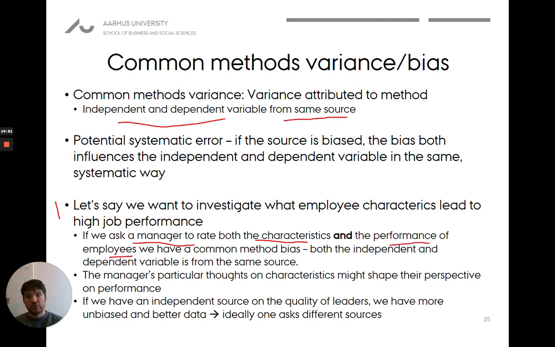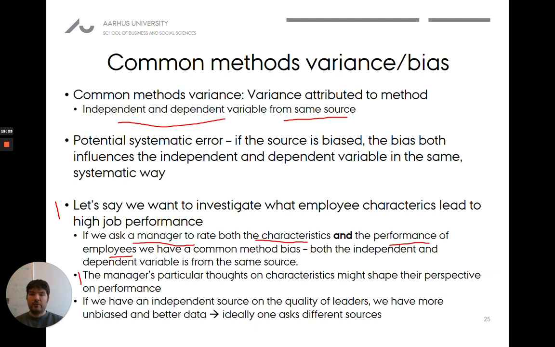But this could create common method bias, because it could be that the manager's particular thoughts on useful characteristics, maybe a manager in particular likes a certain gender or a certain education or a certain attitude, also lead this same manager to assess the performance of these employees in a particular way. So it's actually just the manager's liking of a certain kind of quality that also leads them to rate the performance higher, even though the performance in actuality is not necessarily higher.